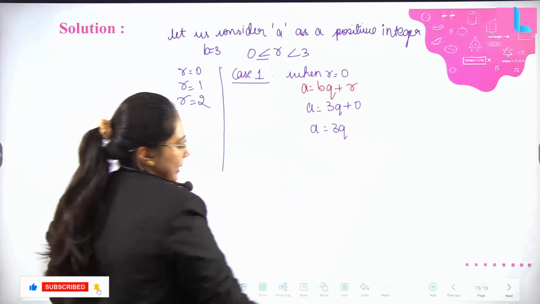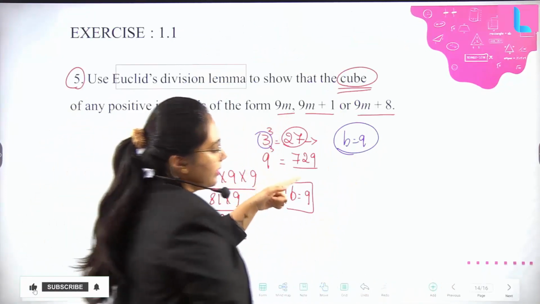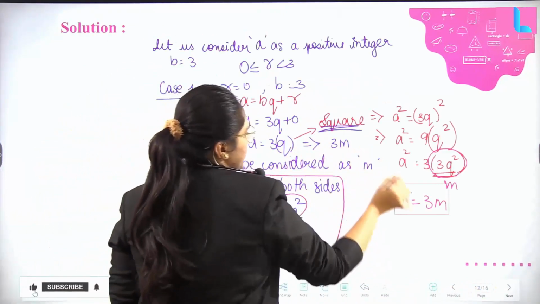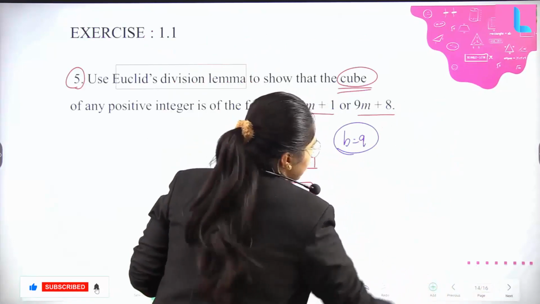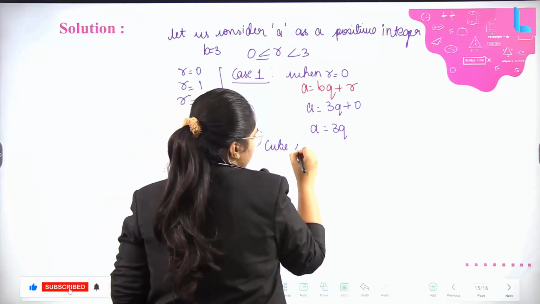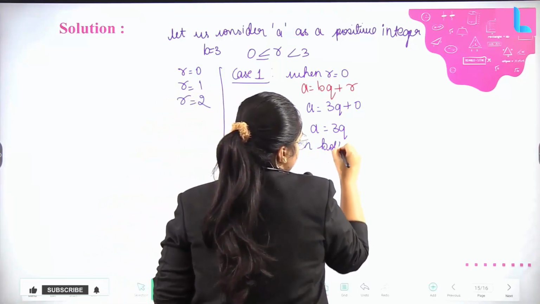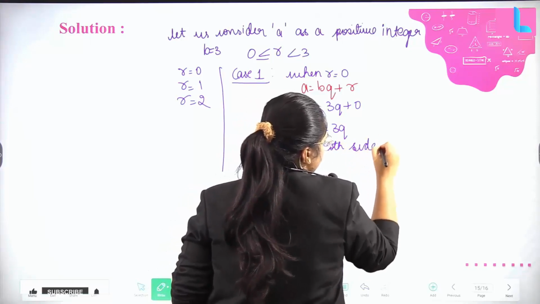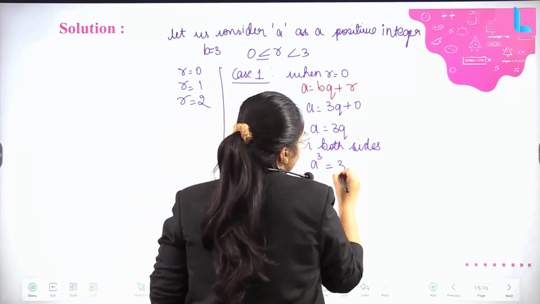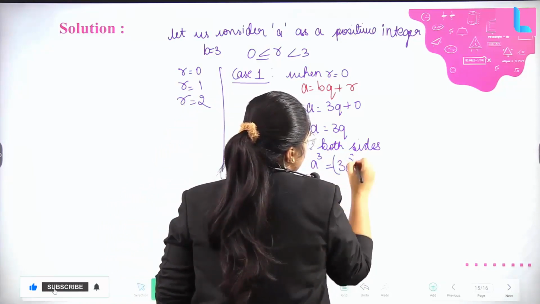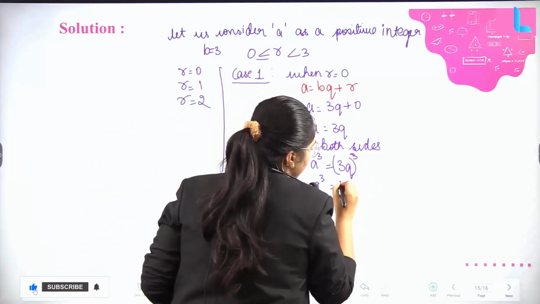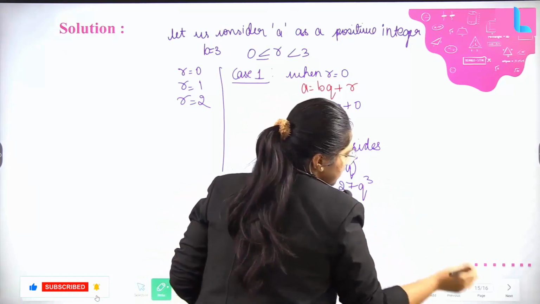Here in the question they've asked us to cube. So we will cube on both the sides. In the previous question, we squared on both sides. Here, let's cube on both sides. If you cube this on both sides, you'll get a cube is equal to 3q the whole cube. That is a cube is equal to 27q cube.